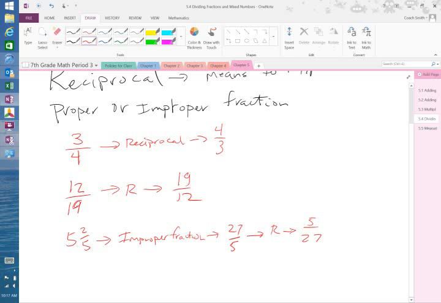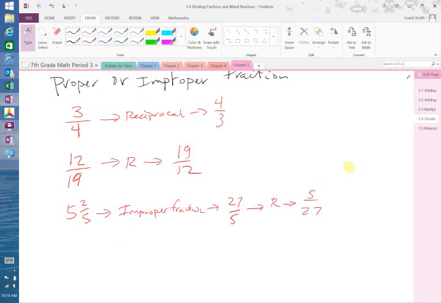So just like yesterday when we talked about multiplying mixed numbers, whole numbers, and fractions, you must change every mixed number or whole number to an improper fraction before you divide and before you do the reciprocal. I'm going to show you what we do with the reciprocal in just a second. So that's what a reciprocal is.